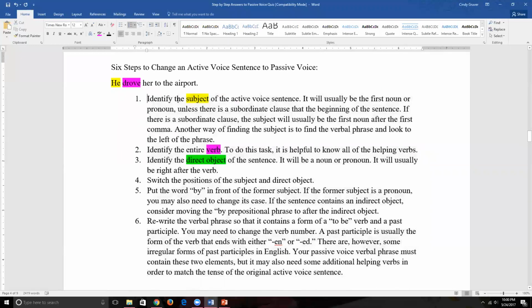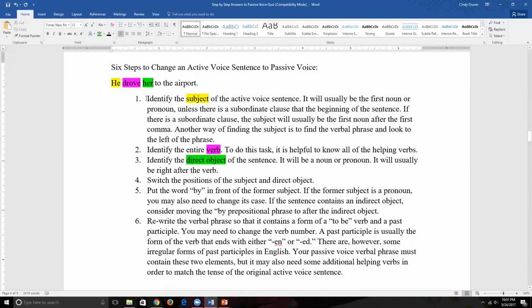Again, we have as our object he. It is our first noun or pronoun in the sentence. In this case, it's a pronoun, and it's to the immediate left of our verb. Our verb hasn't changed. Now we're going to look for our direct object. Again, it's going to be a noun or pronoun, and it's usually going to happen right after the verb. And we're going to put that in green.